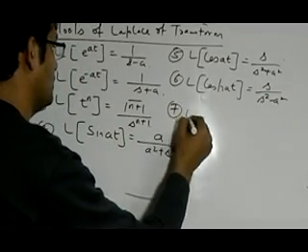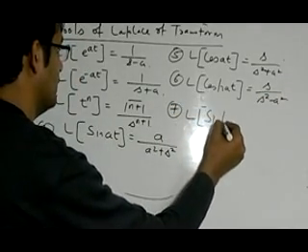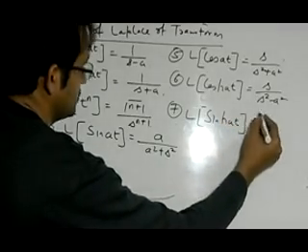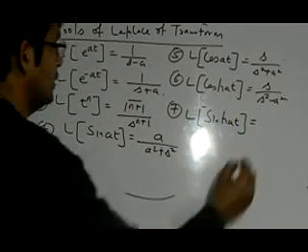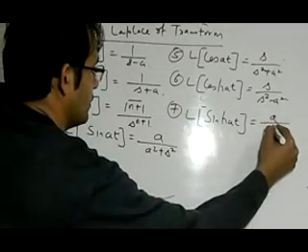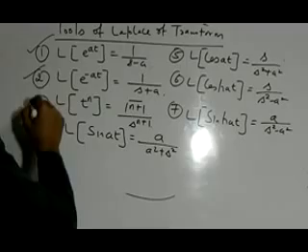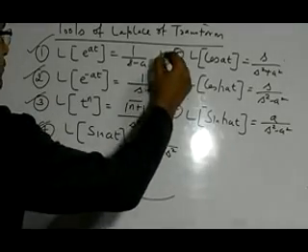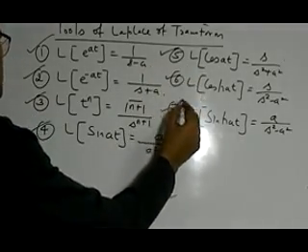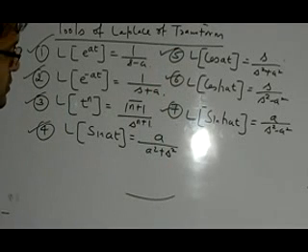And the seventh one is Laplace of sine hyperbolic at, which is equal to a upon s square minus a square. So please make sure that these 7 formulas are in your mind. Then we can find the Laplace transform of several functions.